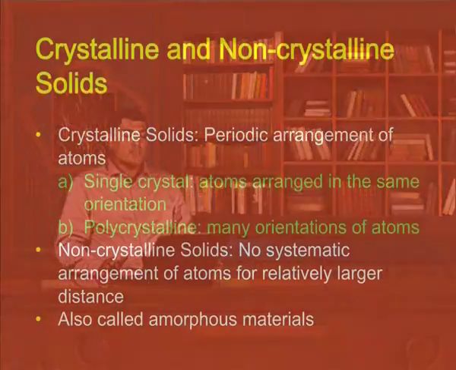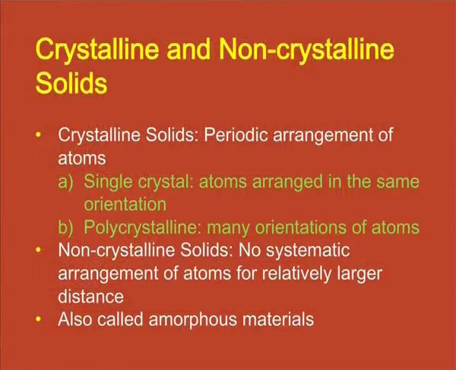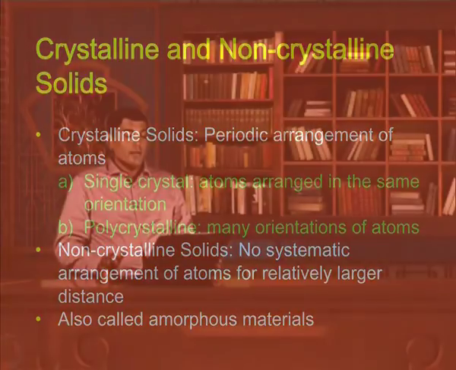Crystalline and non-crystalline solids. What is the difference between crystalline and non-crystalline solid? Crystalline solids are those solids in which the atoms are arranged in periodic fashion. Now crystalline solids are categorized into two types.